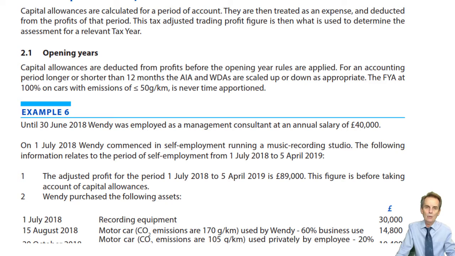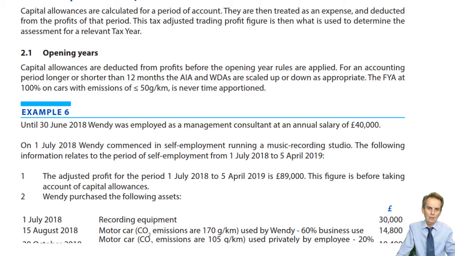So we then compute the capital allowances for the period of account, the accounting period. Whatever period for which we have prepared those accounts, we prepare the capital allowance computation for it. And that figure of capital allowance that we compute, that combination of AIA, WDA and possibly even FYA, the total of those allowances, is deducted from the adjusted trading profit to give us the tax-adjusted trading profit.